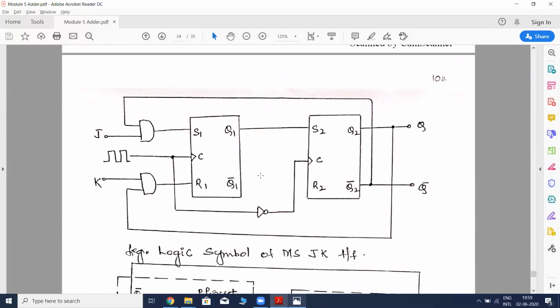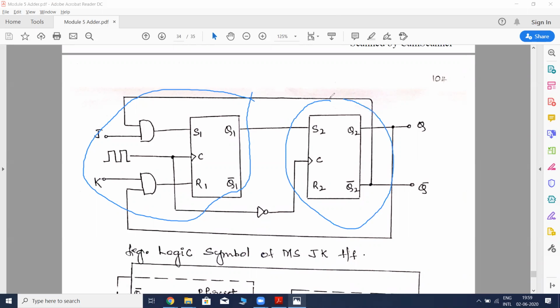Here is the logic symbol that you could see. Here is the JK flip-flop, and here we have the SR flip-flop. We have constructed it with the JK flip-flop as the master and the SR flip-flop as the slave.